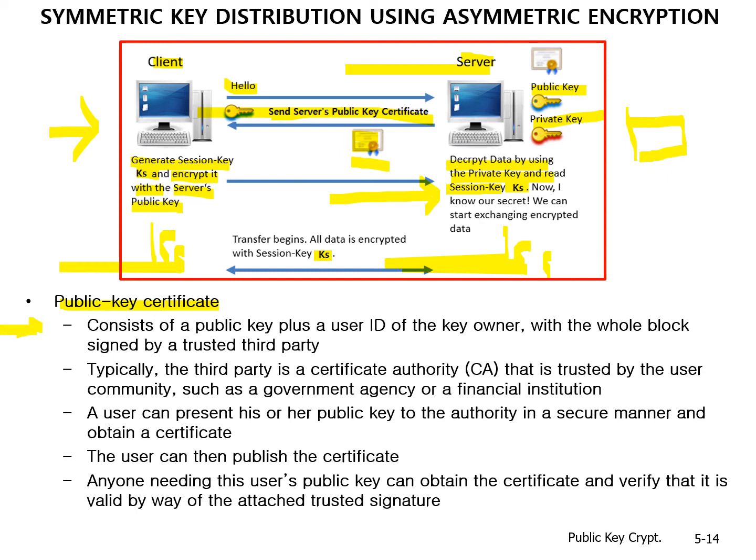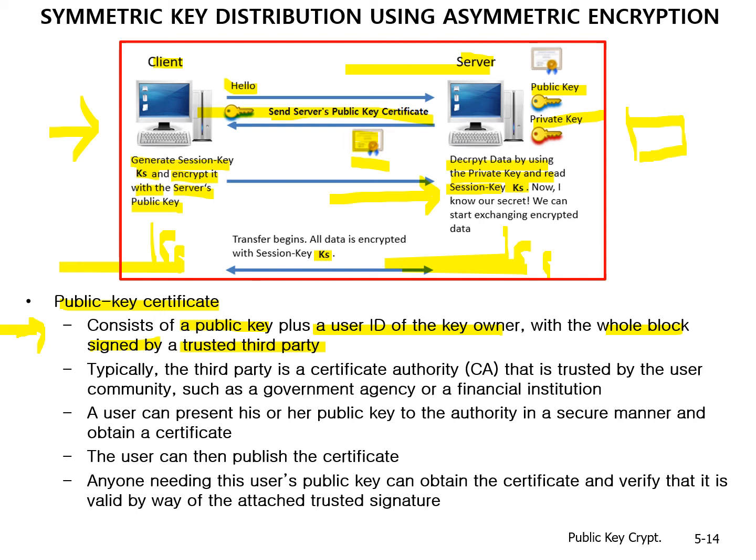Now, let's see the public key certificate. A public key certificate consists of a public key, the user ID of the owner, and a whole block signed by a trusted third party.